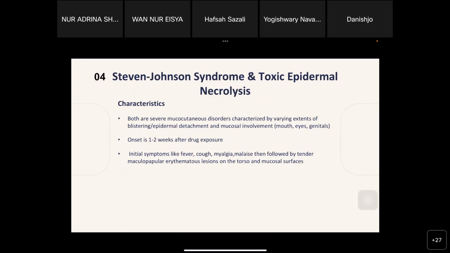Some of them have less severe systemic involvement, or maybe it's not that common. Some of them have a lot of systemic complications. SJS and TEN is the most severe, and it doesn't involve the skin only, it can affect other organs as well.